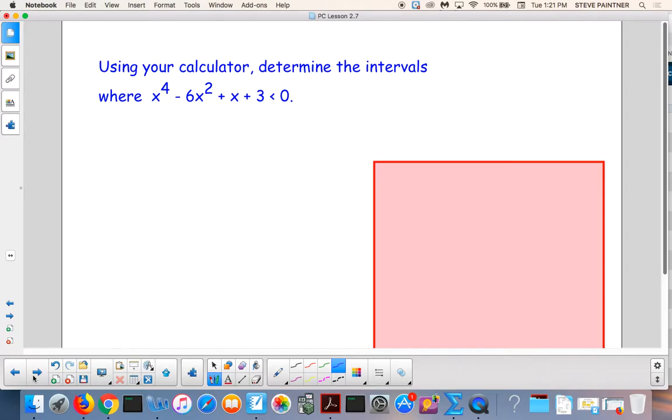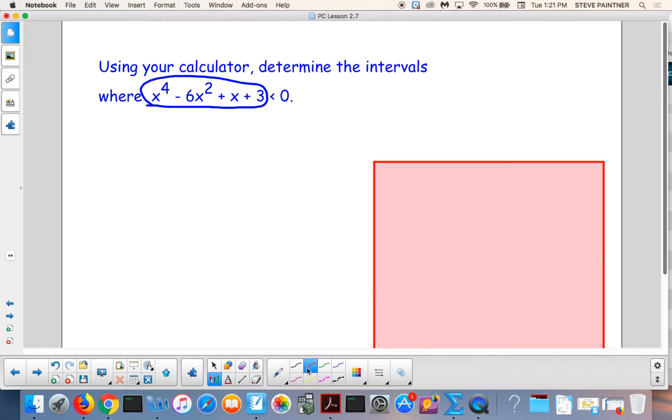This one says, using your calculator, determine the intervals where this function is going to be less than 0. I'm not making you graph it, guys. You're going to let your calculator do it. I'll give you a minute to punch it in and graph it.